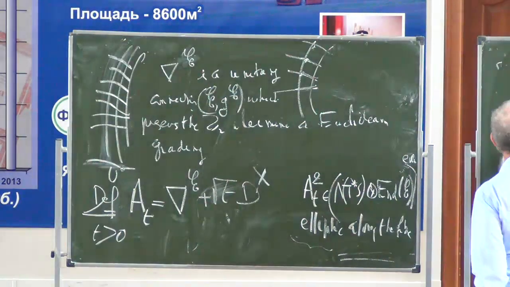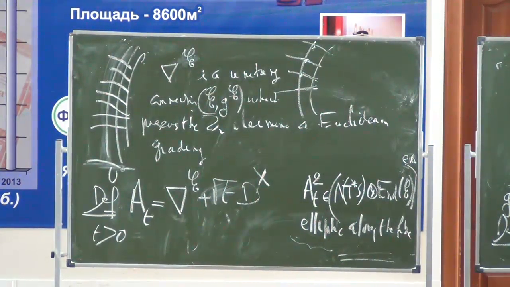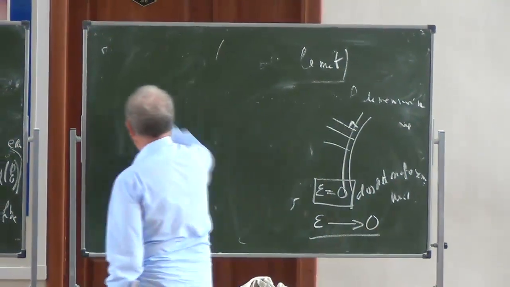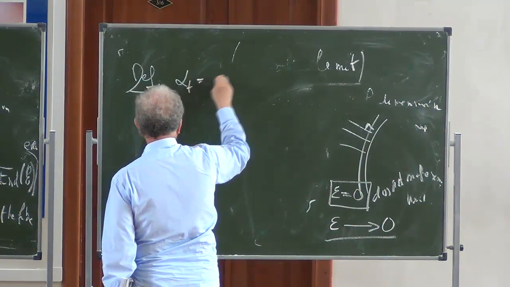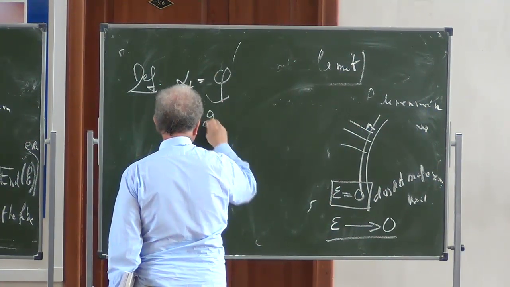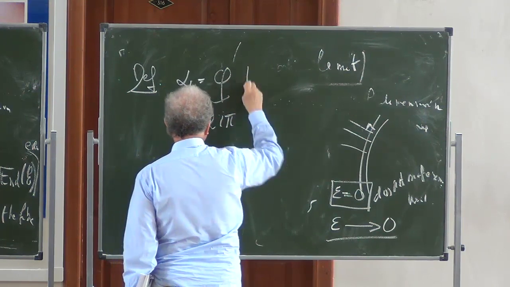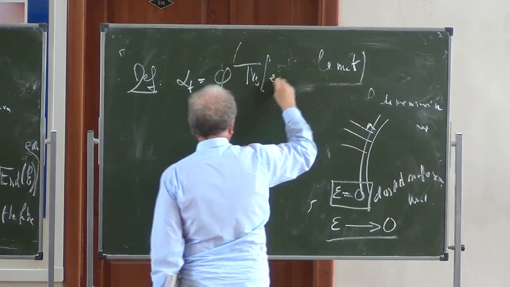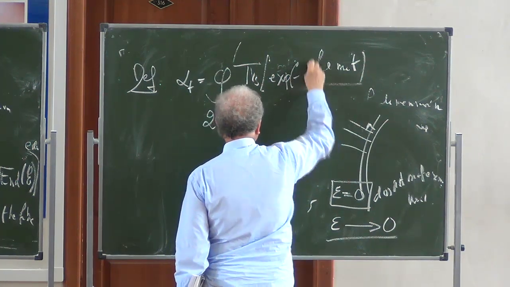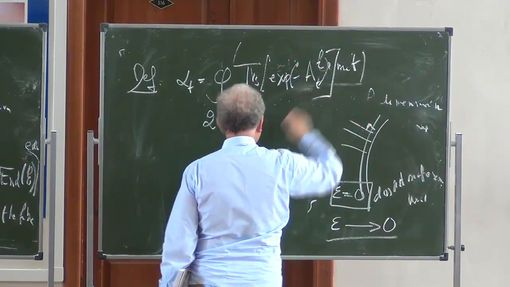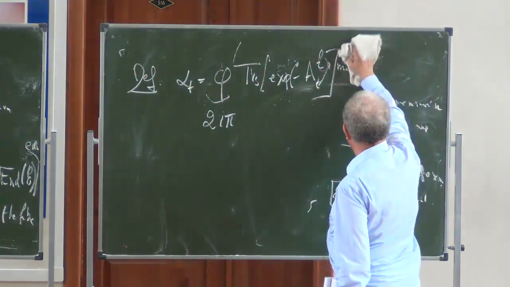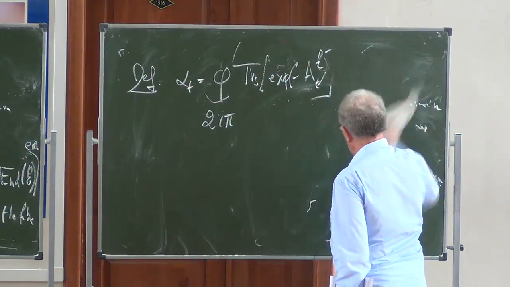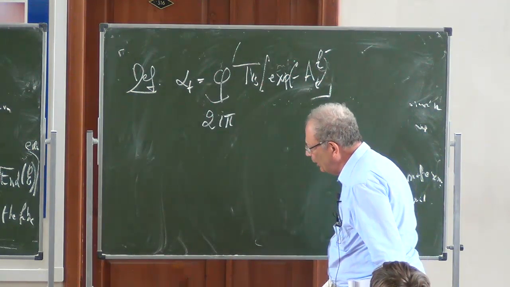Then we can believe that to prove the family's index theorem, we're going to define this object, alpha_T, which is phi, the scaling by powers of 2 pi, of the supertrace of exponential of minus A_T squared. So we do exactly what we did in the proof of the index theorem, and we are also inspired by Quillen's theory.